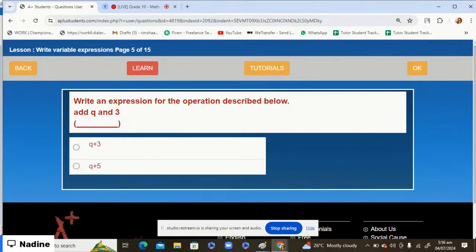Add q and 3. Just simply addition, q and 3.